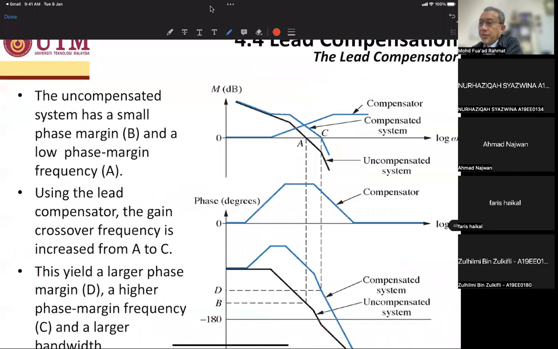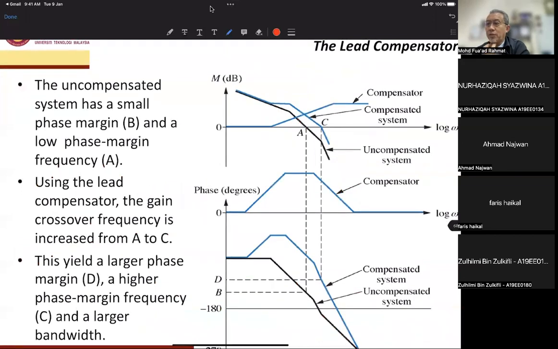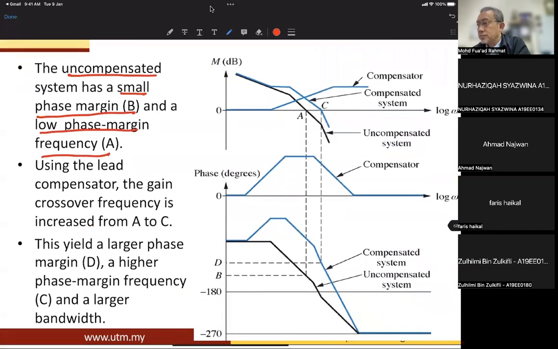So the uncompensated system has a small phase margin, uncompensated, and low phase margin at the frequency A, and B is the phase margin.